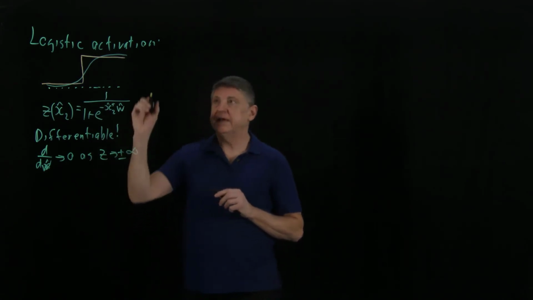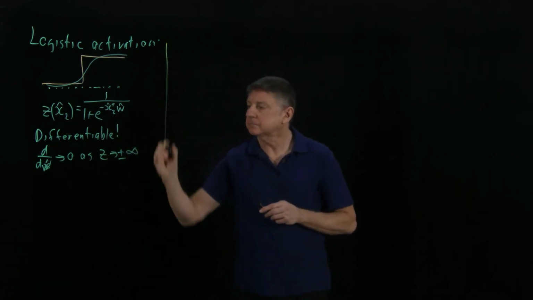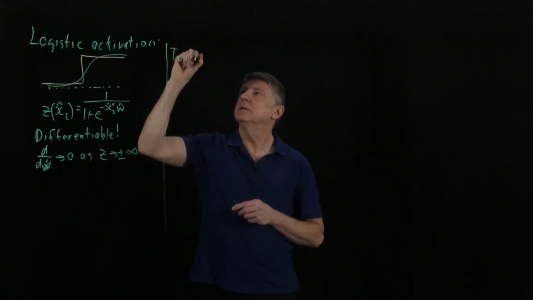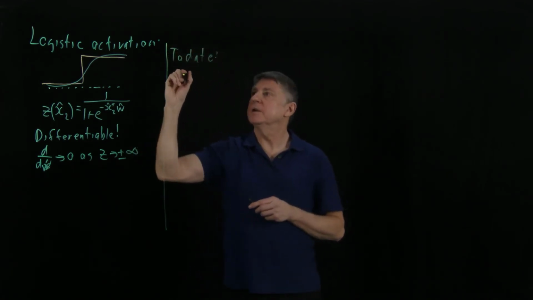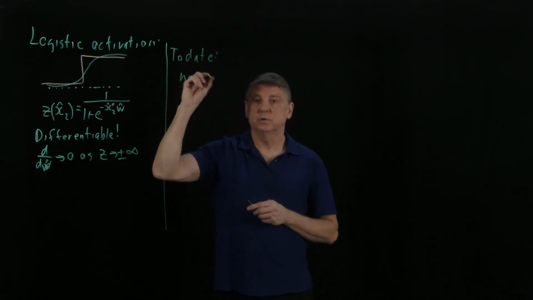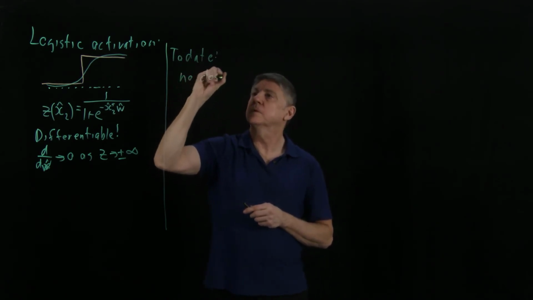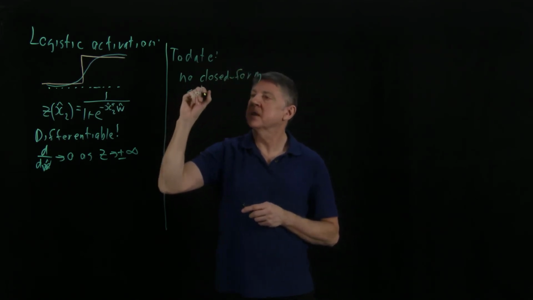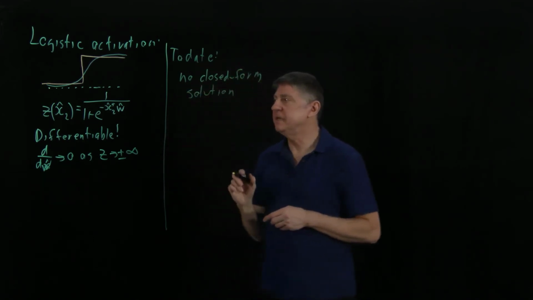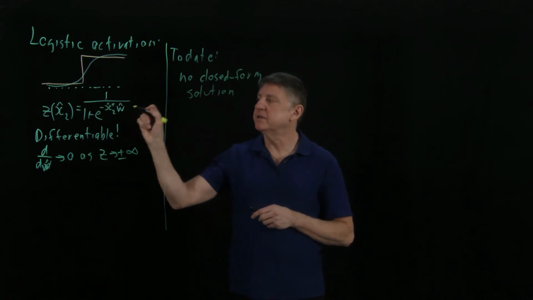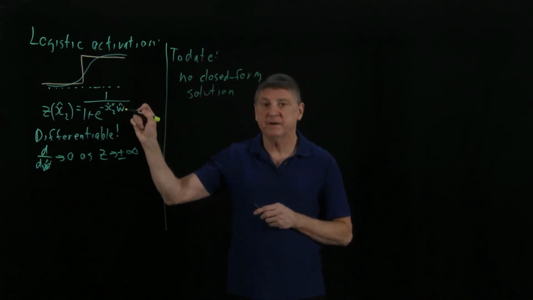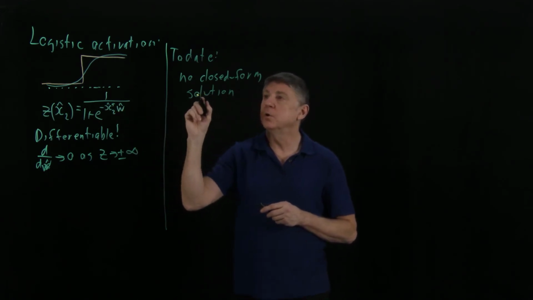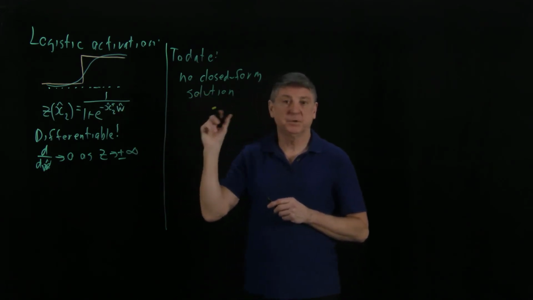The trouble is that, to date, there is no known closed form solution. And what that means is that if we are trying to learn this augmented weight vector and we're given a lot of data, there's no known way to simply compute it.